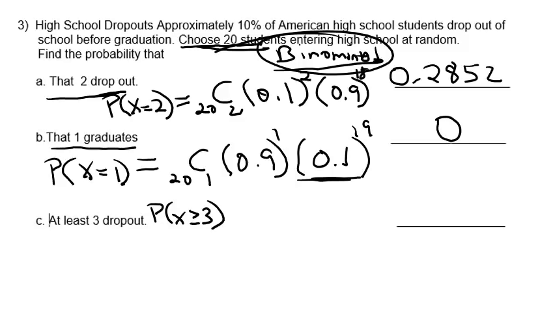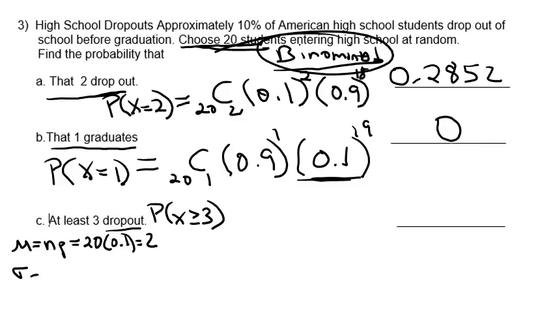Now, if I want to work with the normal approximation, one thing I'm going to need to know is the mean. And the mean for a binomial is n times p, where n is 20. We're talking about dropping out, so p is 0.1. So 20 times 0.1 is 2.